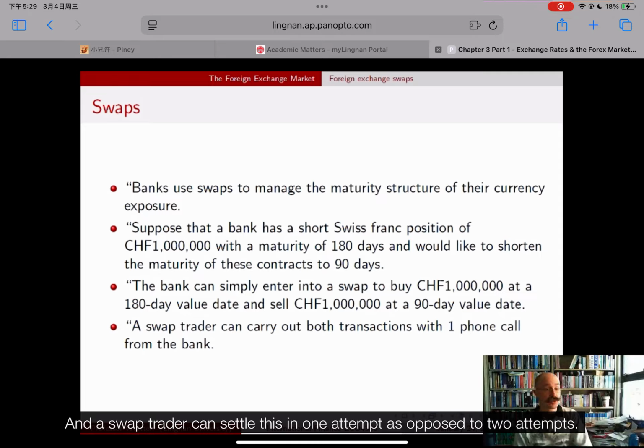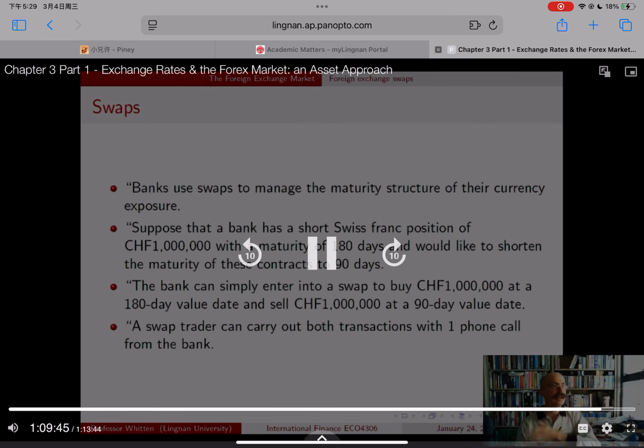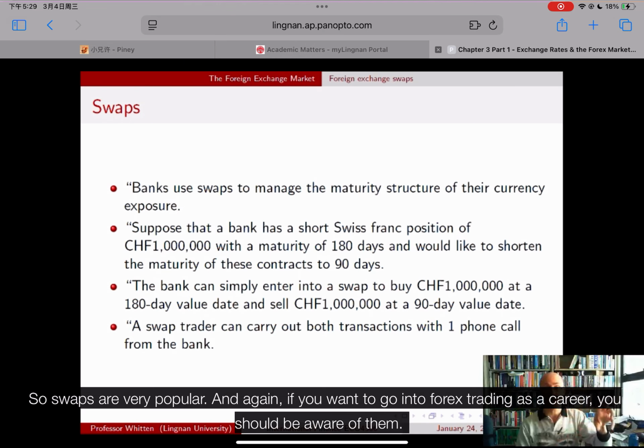And a swap trader can settle this in 1 attempt as opposed to 2 attempts. So swaps are very popular. And again, if you want to go into Forex trading as a career, you should be aware of them.